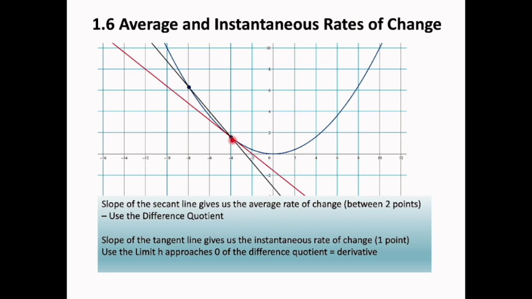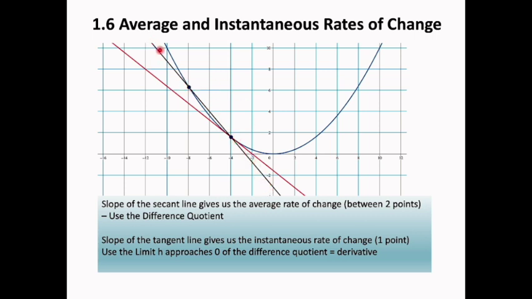When we have a line that passes through 2 points on a function, that line is called the secant line. And the secant line gives us the average rate of change, because we're looking at the rate of change between 2 points. So from this point to this point.